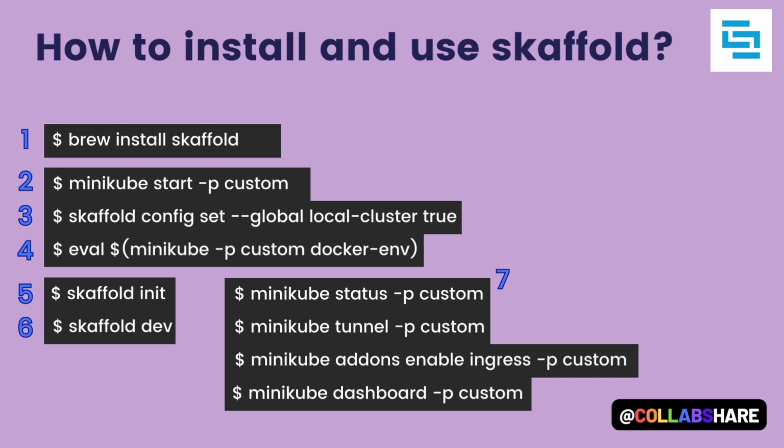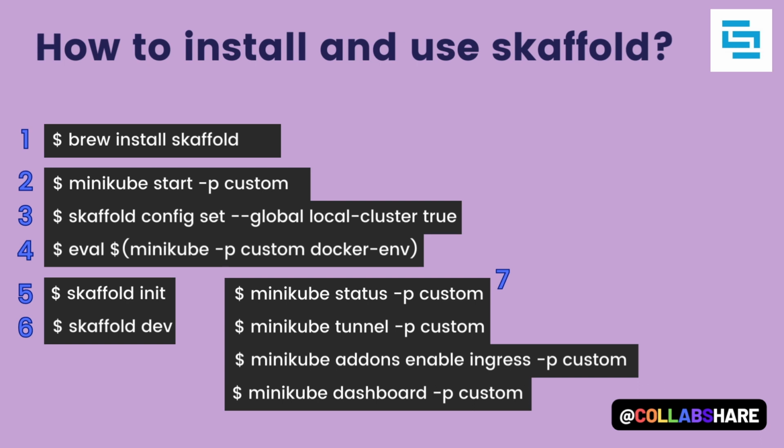The third command is used to set the default context of Skaffold to use the local Kubernetes cluster. The command number four is to set up the local Docker environment to use the Docker daemon running in the Minikube cluster with a profile named custom.